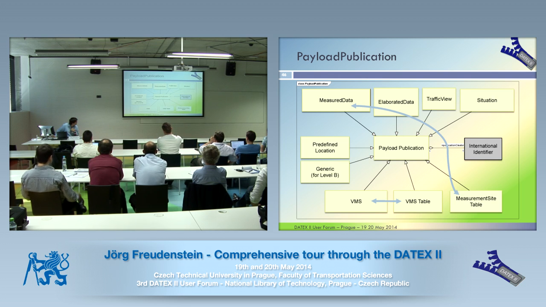I think there's nothing new. These are the elements you saw before, which are part of the payload publication. And we had this thing with the static and dynamic message, and we have a static VMS table and a dynamic VMS message, and here again, the static and the corresponding dynamic message.